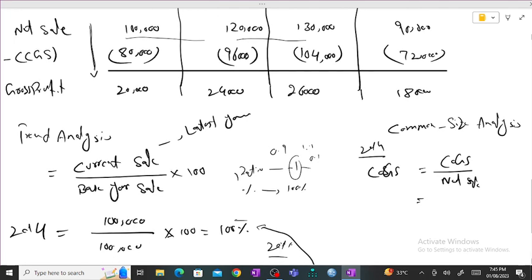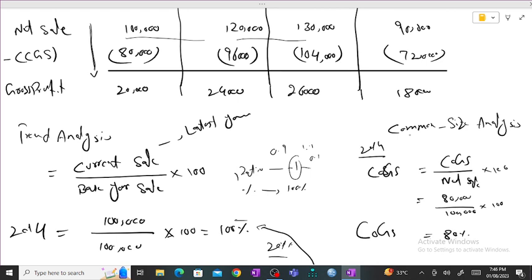Cost of goods sold is 80,000, and net sale is 1 lakh, multiplied by 100. Whenever we multiply by 100, we get 80% for cost of goods sold.